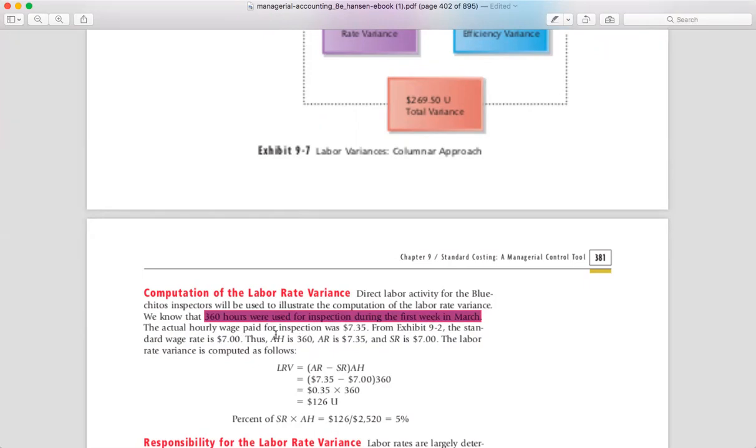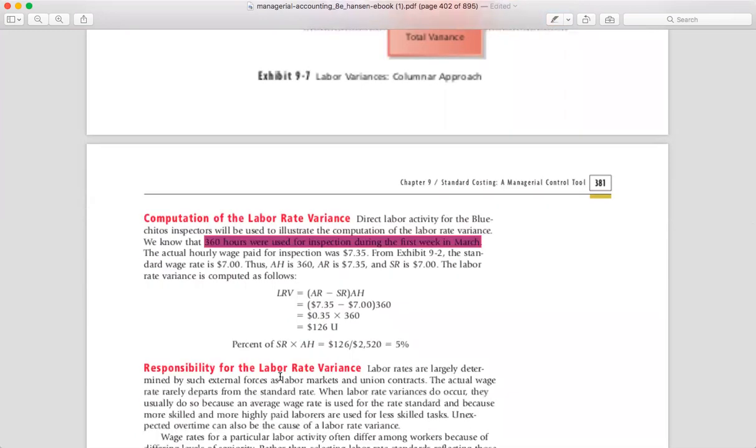So the actual rate is this amount, but the standard is this amount. So the labor rate variance will be as follows. The actual rate is 7.35. The standard is 7. So what happened in that one? The variance is unfavorable because the standard is set lower than the actual, or the actual is higher than the standard. Okay.